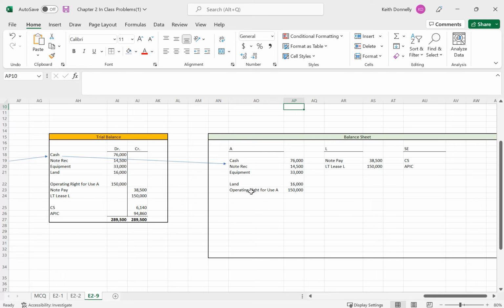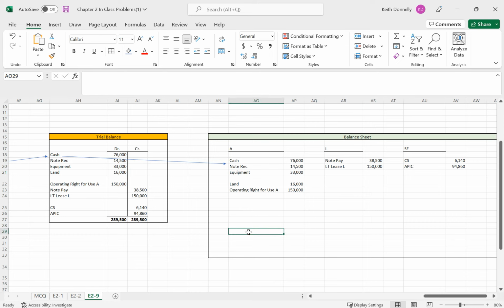We list these in order of liquidity, but for purposes of this, let's just put them on here the way they've kind of flown over with it. Great, so what we did is we just had these come over.